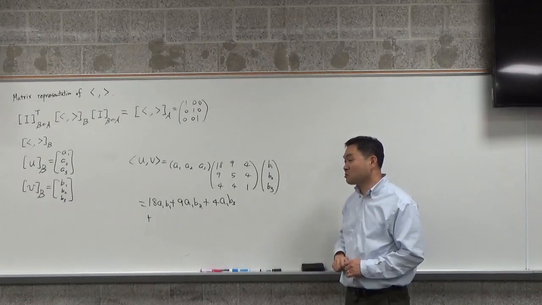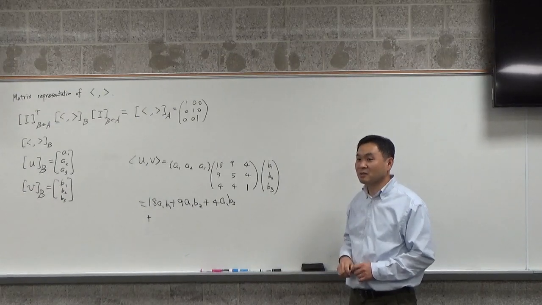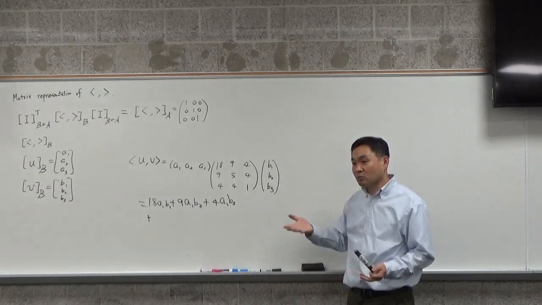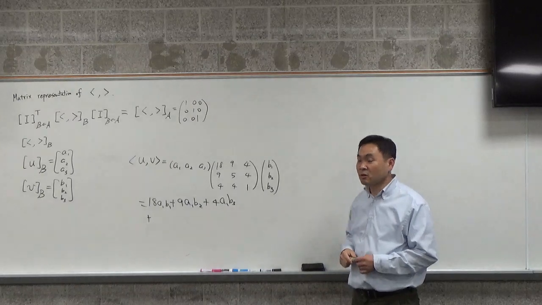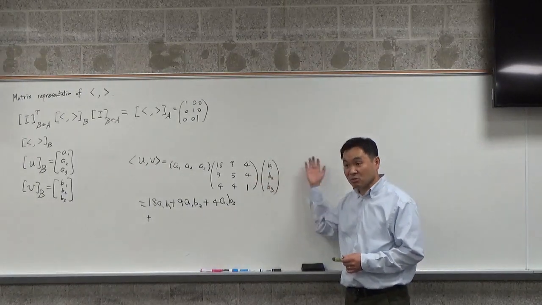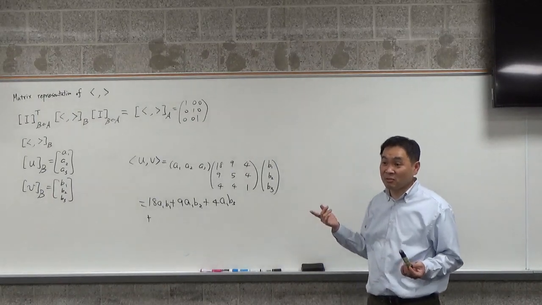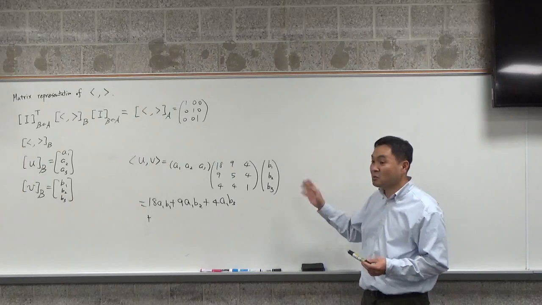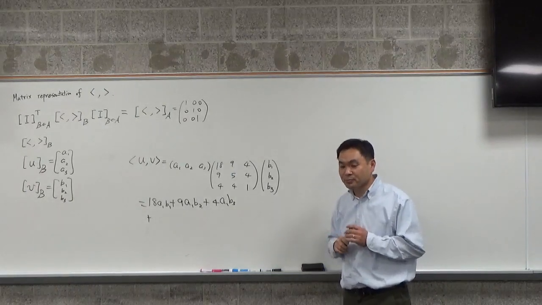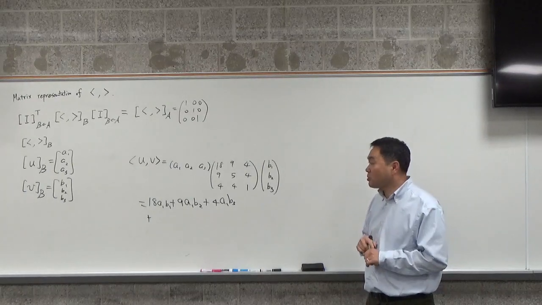When would it be an inner product? What do you think? The determinant is not equal to 0. That's definitely one thing, because if the determinant is equal to 0, some vector will give you 0, which will destroy the positive definiteness. So the determinant has to be actually positive, but it has several properties.